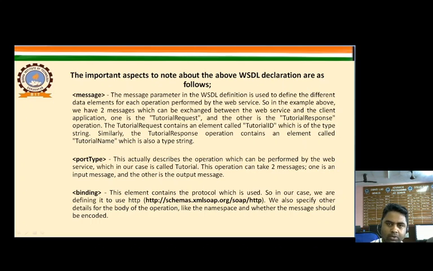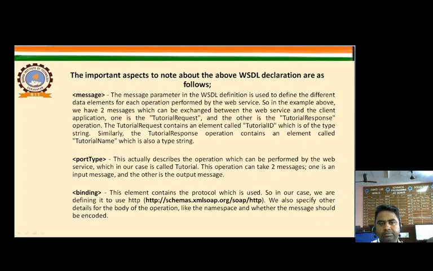And the important thing inside the WSDL document, the first one, is message. So the message parameter in the WSDL is used to define the different data elements for each operation performed by the web service.